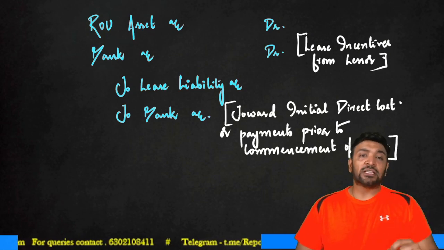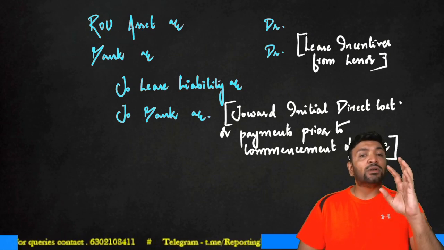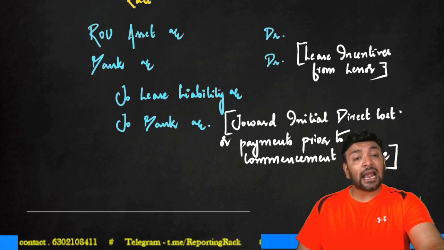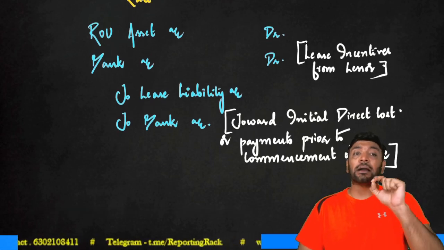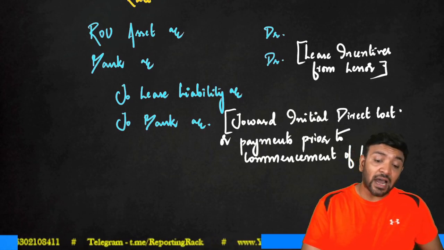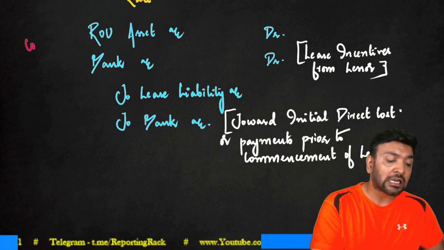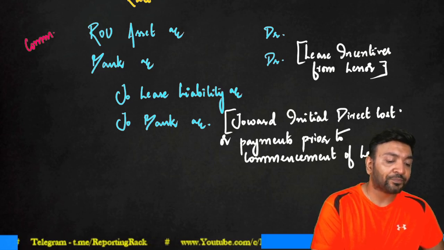This is the entry which I will predominantly record whenever I'm initially recognizing the lease. Now question comes up. When should I recognize this entry? Should I recognize this entry at the inception of lease or at the commencement of lease? The answer is this should be recognized on commencement of lease.